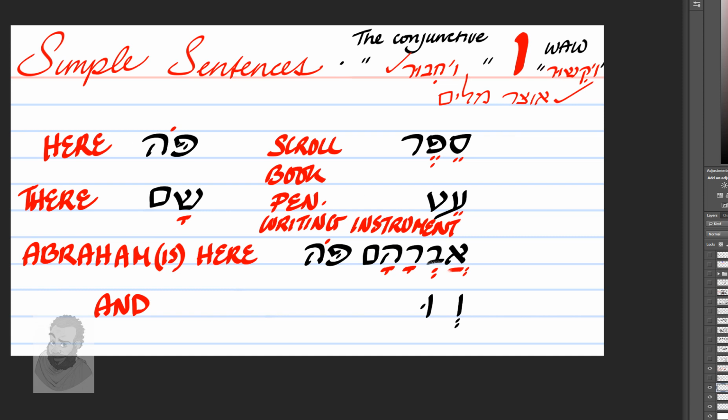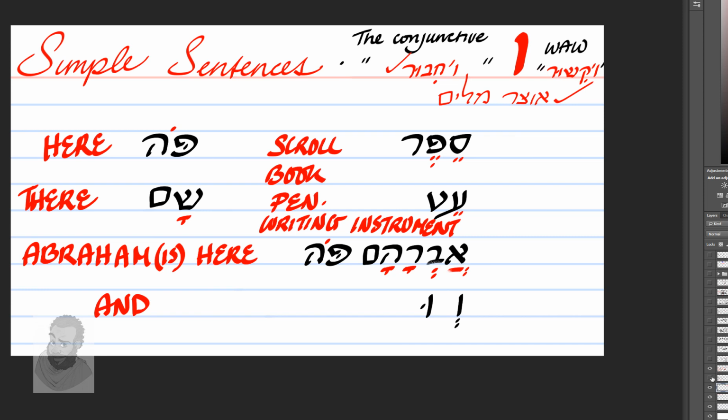Next we have po. Po means here. That is one way of saying here. There is sham. That's one way of saying there as well. So po, here; sham, there. Next we have Avraham po.